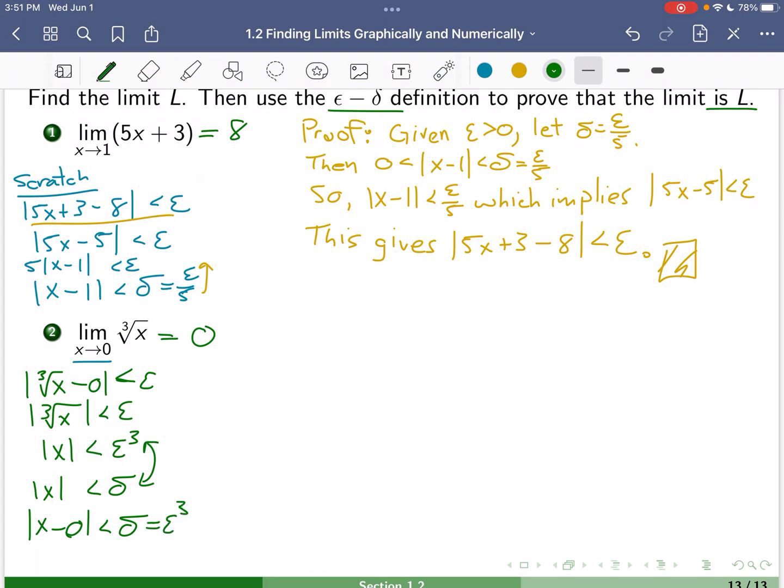So again, that's our scratch work. It's not actually our proof. So now let's prove it. Given epsilon greater than 0, let delta be equal to epsilon cubed.